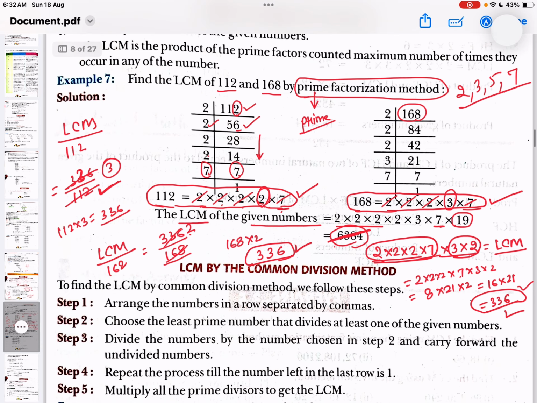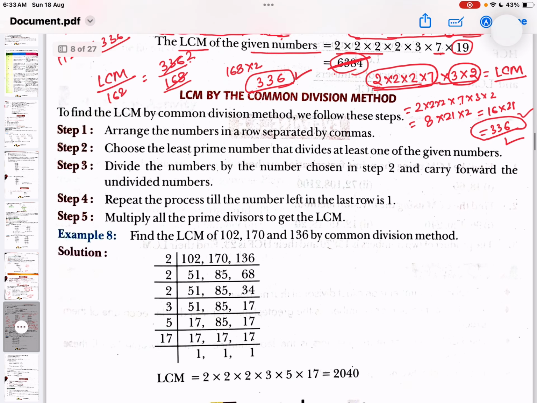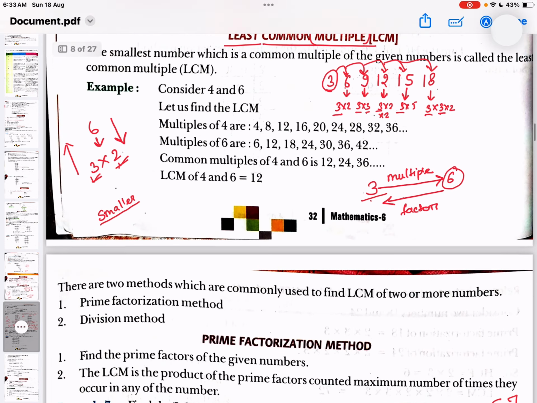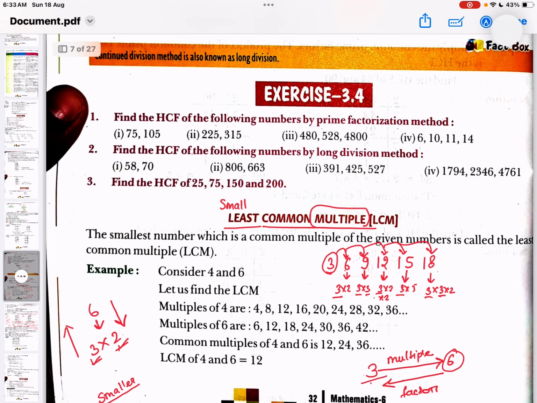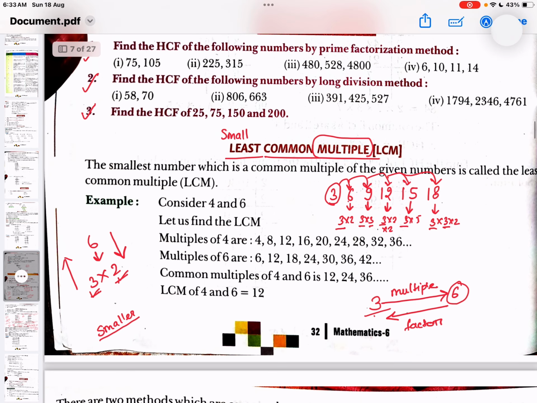Now you move ahead. So LCM by the common division method. Okay, look, it is simple. First, up to exercise 3.4, I think we have solved here. If all 3 numbers we have solved, then in your fair copy start from the LCM. Just note down the topic name, least common multiple.